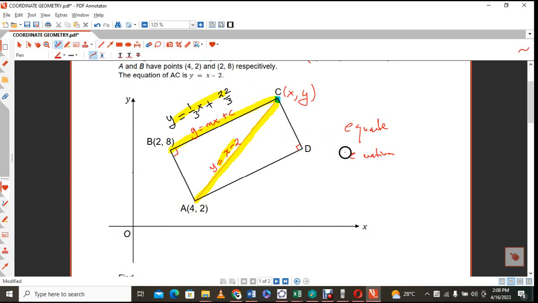Okay, so if we equate equation AB with equation BC, that is going to allow us to find the coordinates for point C. Okay, right, so let's do that, and then we find the x coordinate, and then we substitute that answer in either one of y equals x minus 2 or y equals 1/3x plus 22/3 to find the y value, because they share a common point.